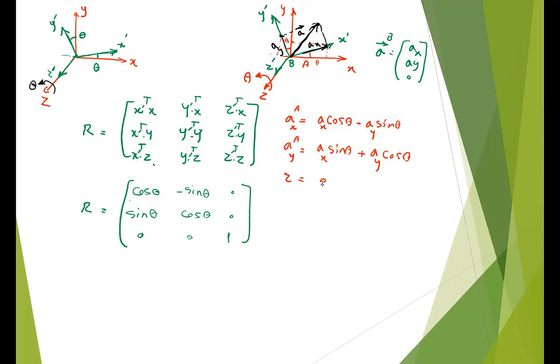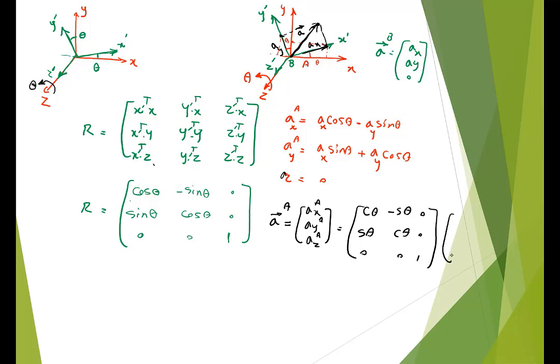Now, if we want to find the rotation matrix using these green and red equations, you can actually see that the vector A in frame A, which is AX, AY, and AZ in frame A, is equal to cosine of theta, minus sine of theta, and so on, times the vector in frame B. We got the same equation.